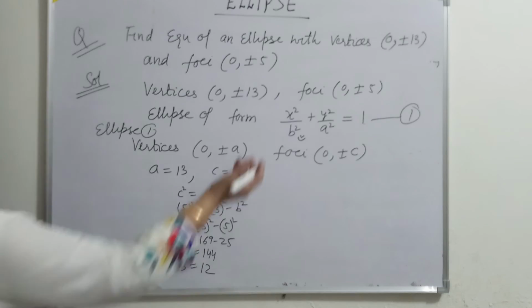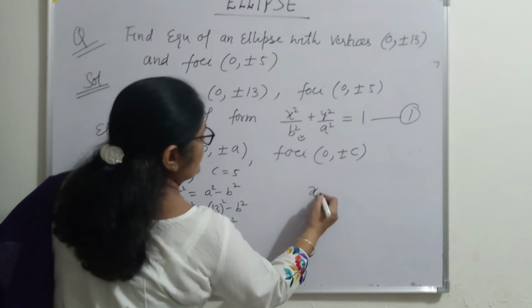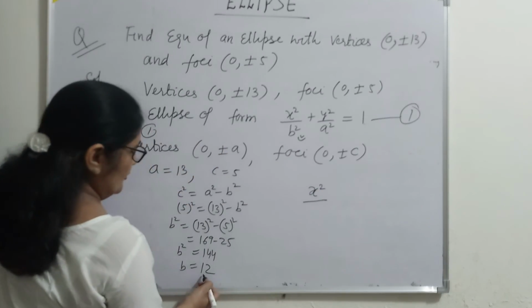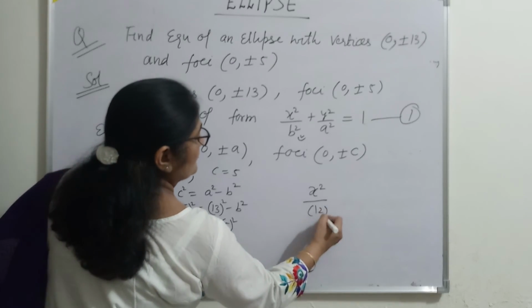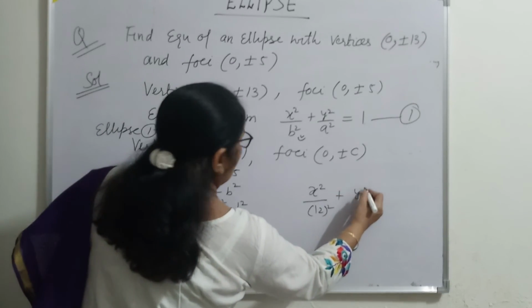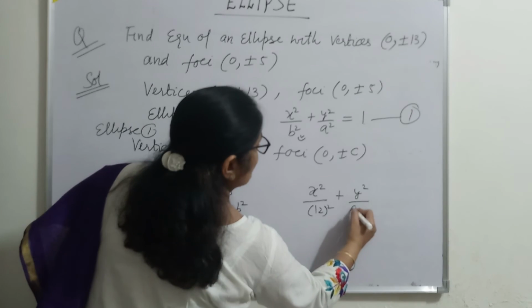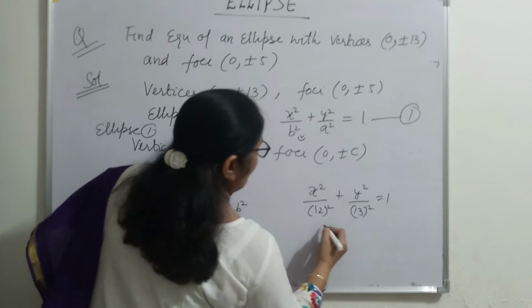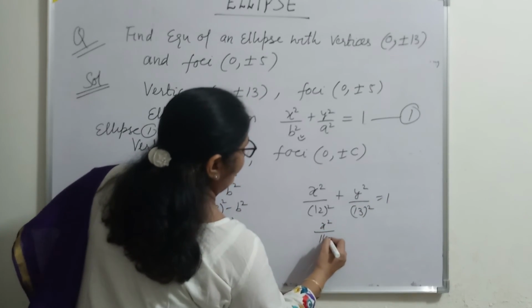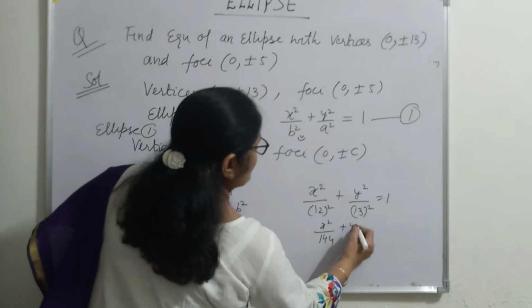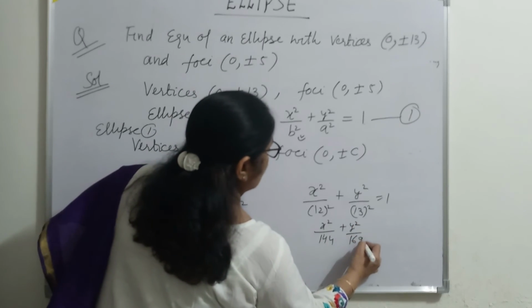We can easily give the equation of the ellipse. X square upon b, 12, so 12 square, plus y square upon a, 13, so 13 square, is equal to 1. X square upon 144 plus y square upon 169 is equal to 1.